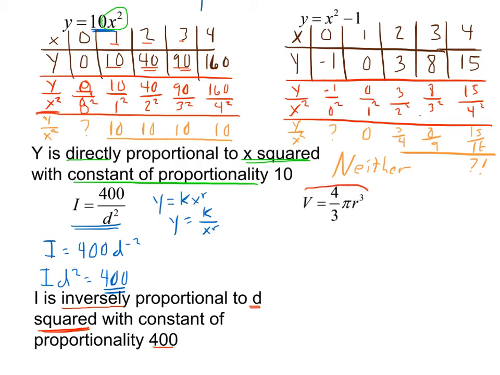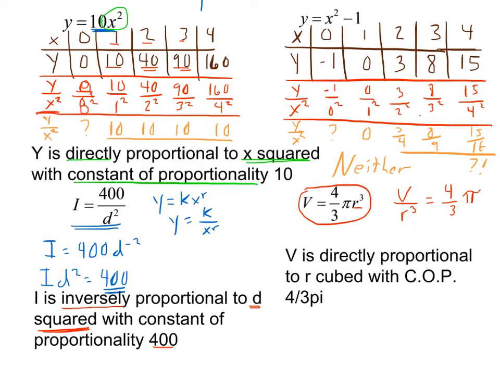All right, looking over here, this fits very nicely into that power rule. And if I choose to divide, look at a quotient, I would wind up with v over r cubed equals 4/3 pi, and that's just a number. So this tells me that v is directly proportional to r cubed with constant of proportionality 4/3 pi. I'll bring that sentence right up.